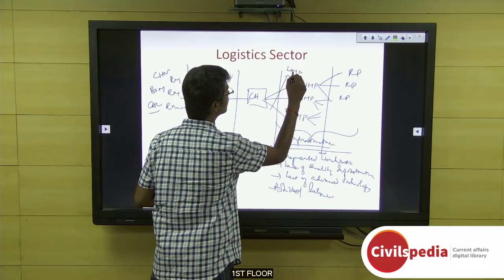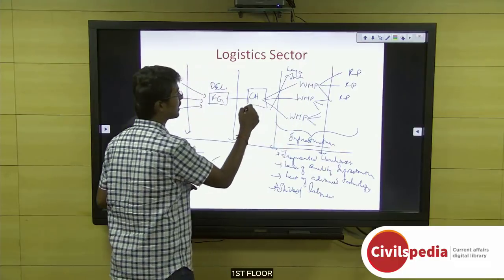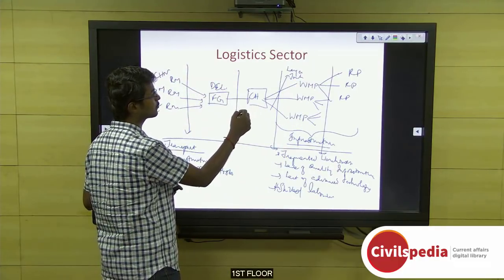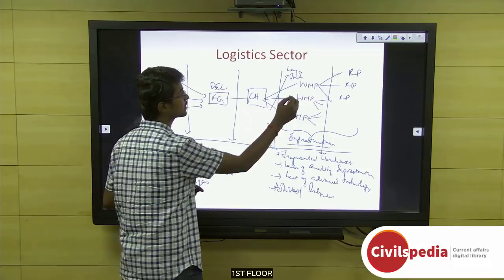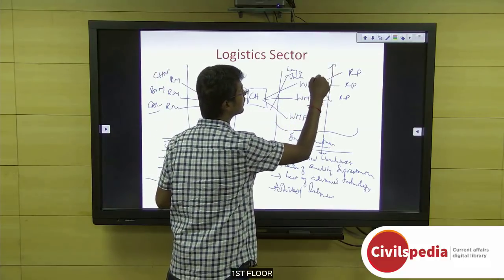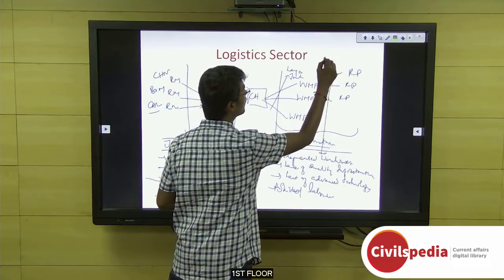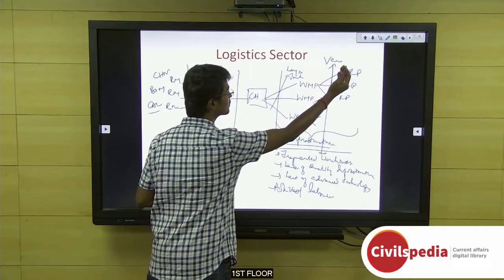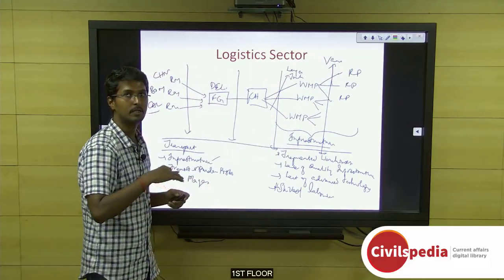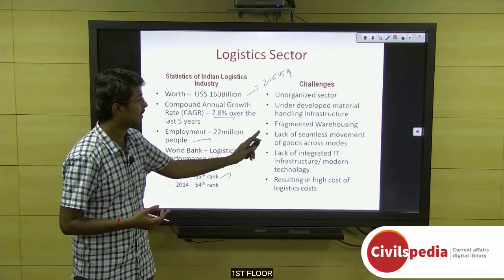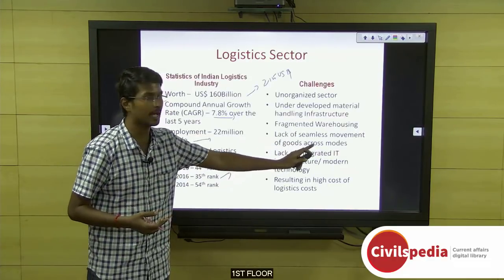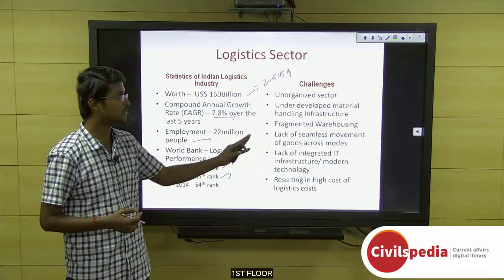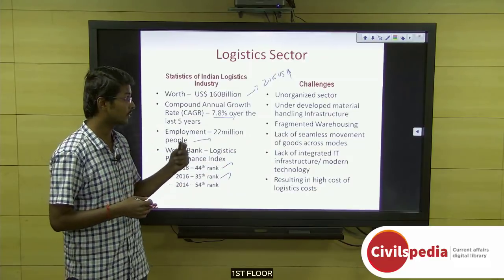You need a larger truck to transit a manufactured product, the finished good, from the central warehouse to the warehousing point. But to the retail points, you cannot use that same truck. You can have vans. So in order to transit from these trucks to these vans, you need seamless transporting of the goods across modes. And that seamless movement of goods is not there.